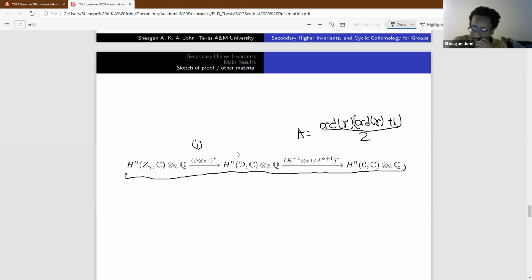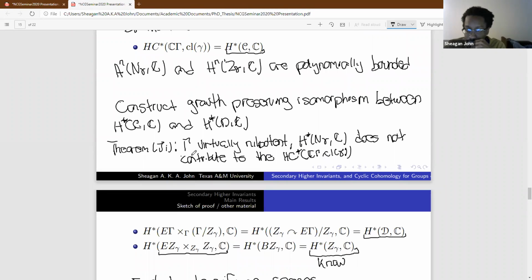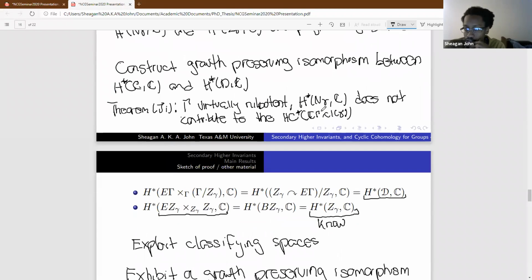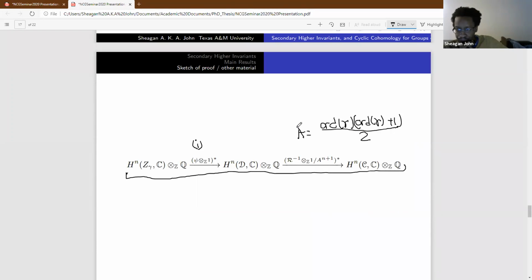So this isomorphism holds in rational cohomology, not necessarily in integral cohomology, but rational cohomology is all we need. And in fact, G's theorem here is precisely about exploiting rational cohomological dimension.